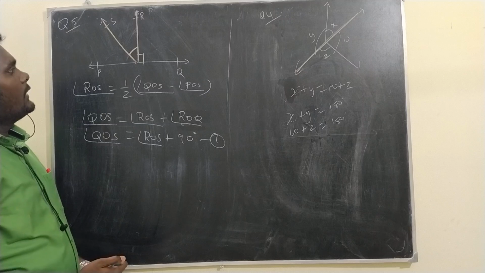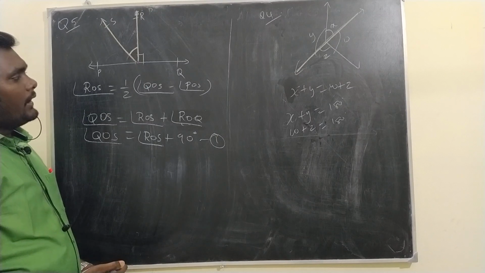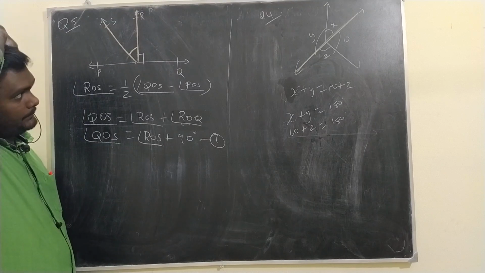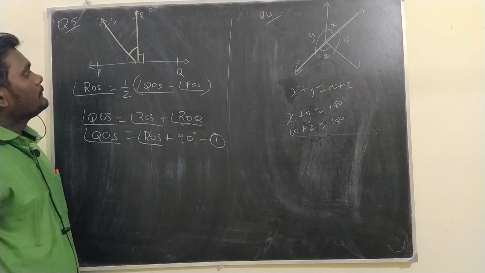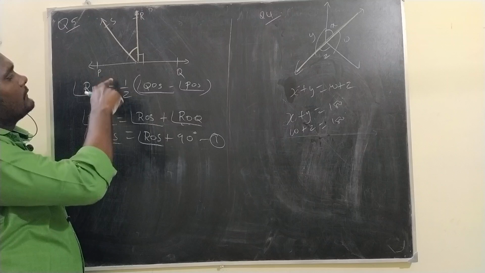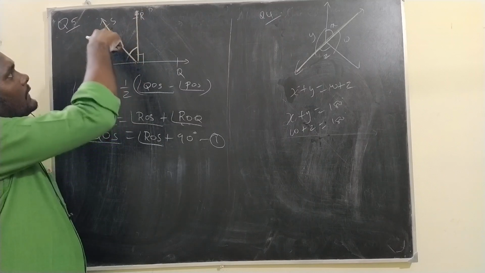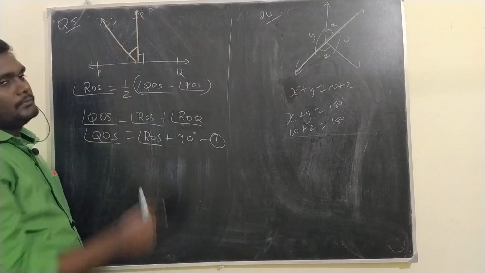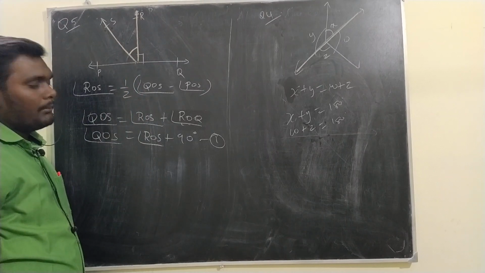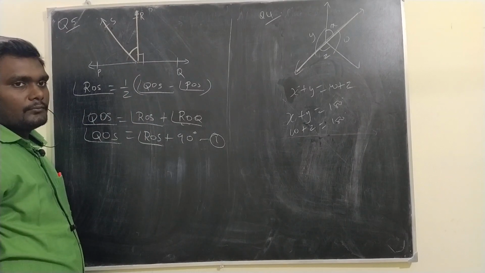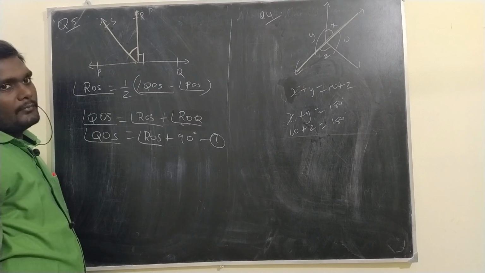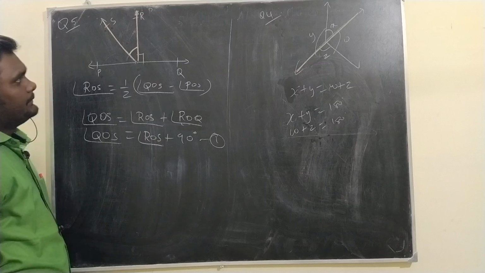And then next, POS. Try writing POS in terms of ROS. POS is here, ROS is here. We can't directly relate these two. Instead, we apply linear pair axiom. For which ray? Any ray we can take.